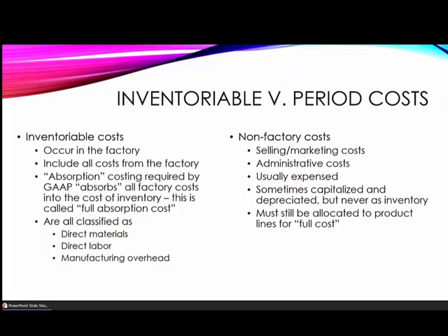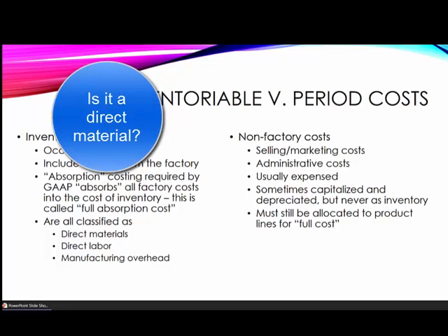So if you stop and think about what's going on inside the factory, if it is something that you can physically identify as part of the product, then it is a direct material. So let's say that we are making muffins. If you look at the muffin, you can tell that there is flour and eggs and blueberries and sugar and probably some baking soda.